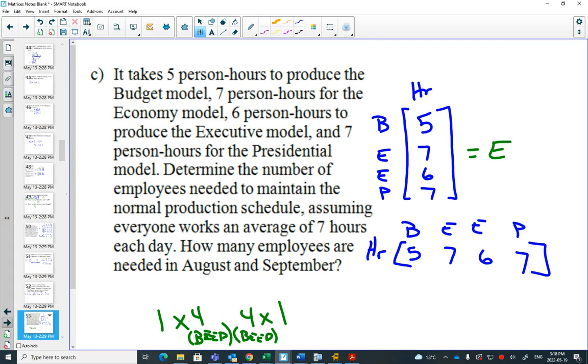Matrix E was my 4 by 1, so the hours would be there. Matrix D was a 1 by 4, where the 1 stood for daily. What am I going to get as an answer? How many hours per day are needed?